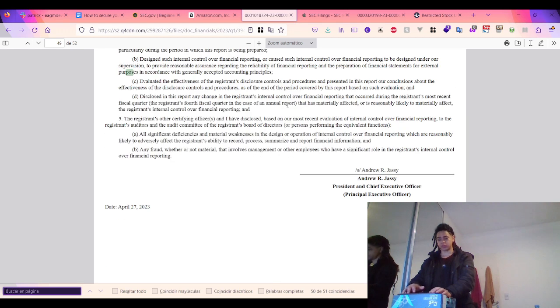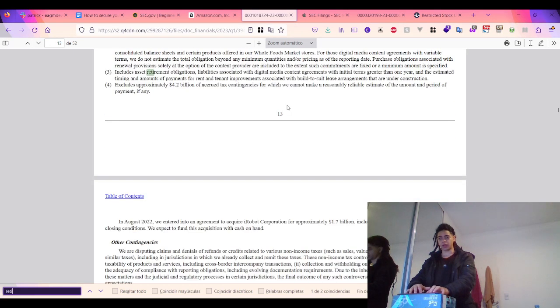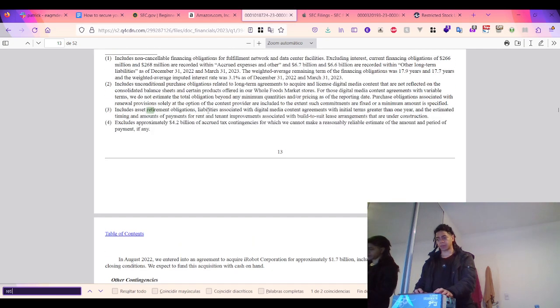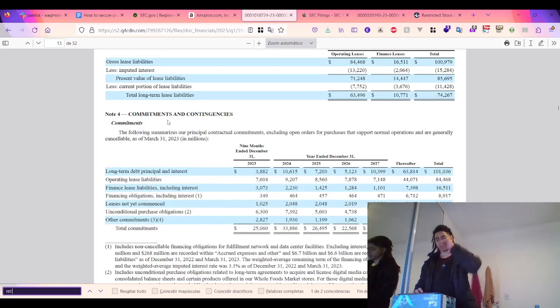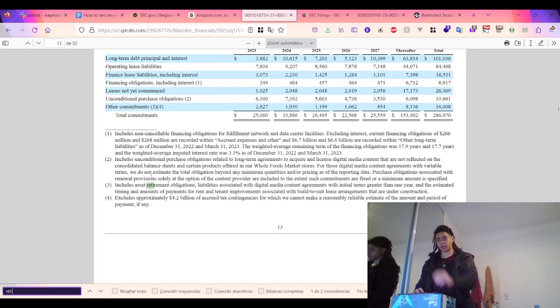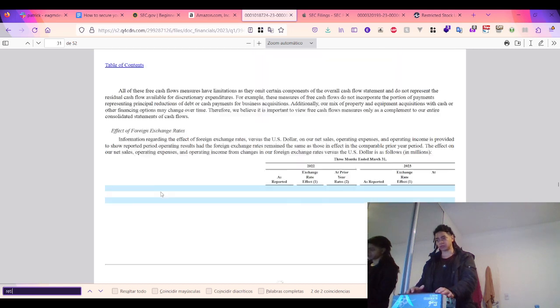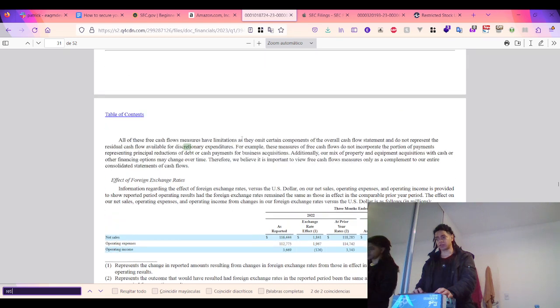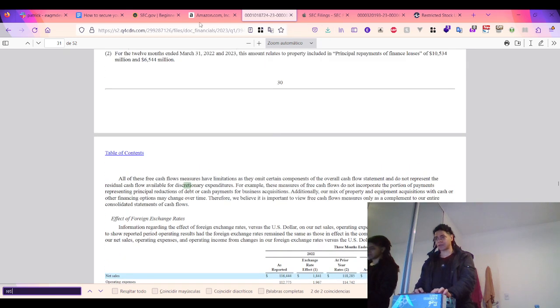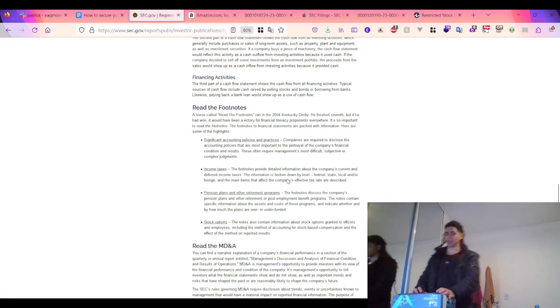Post or retire. There you got it. Retirement obligations in commitments and contingencies include asset retirement obligations. This is something interesting, not that interesting.